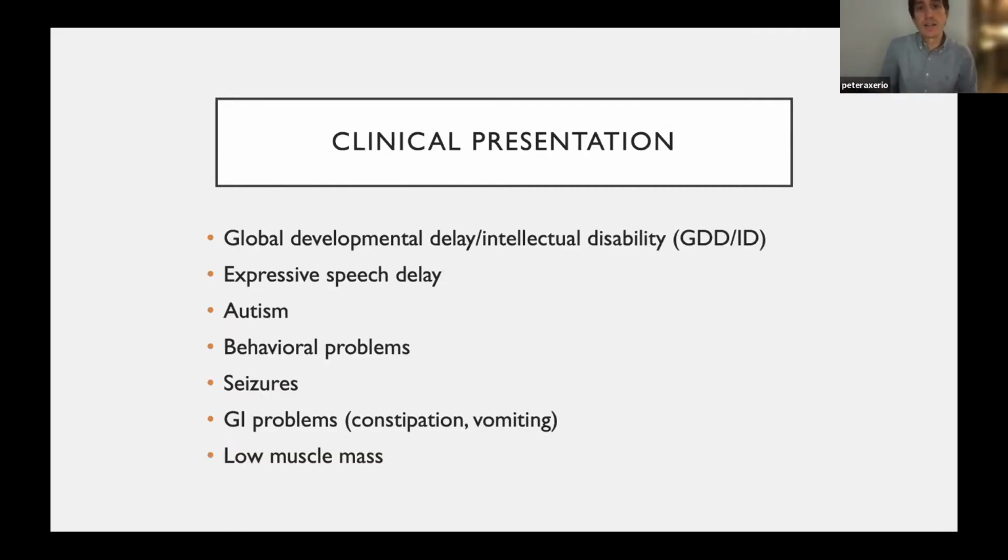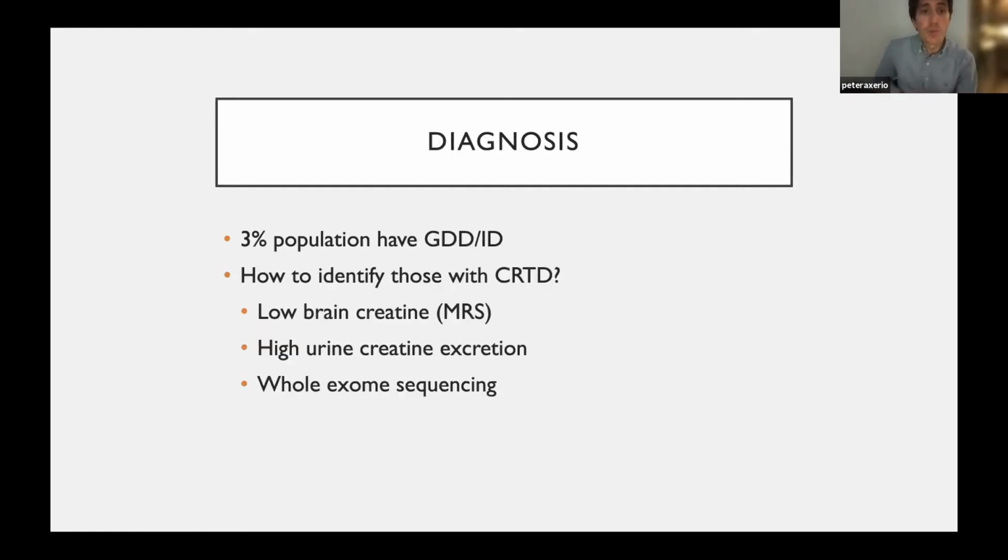And the clinical presentation is a global developmental delay, intellectual disability, speech delay, autism, behavioral problems, seizures, GI problems, and low muscle mass. So 3% of the population have this developmental delay. And how to identify this CRTD is mainly by low brain creatine on MRS, and high urine creatine excretion.